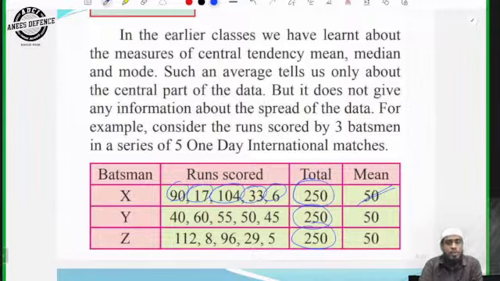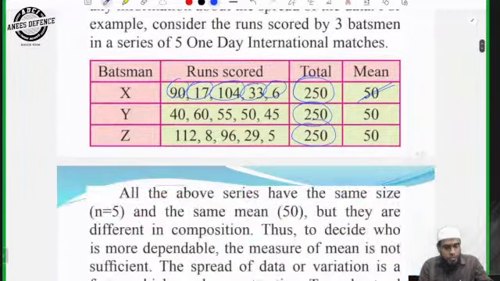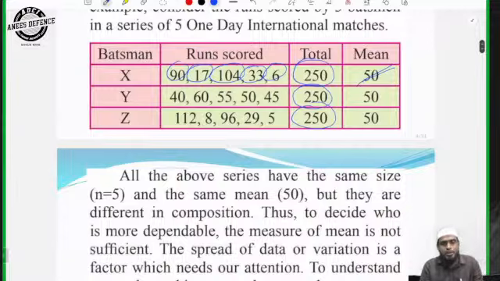For 5 matches, he is scoring 40, 60, 55, 50, 45. He is a reliable person because he is consistent in his performance. So consistency is more for batsman Y. Even though the mean of X, Y, Z, all 3 of them, is equal, we can get a consistent batsman if you take Y. So mean is not telling us about the consistency.